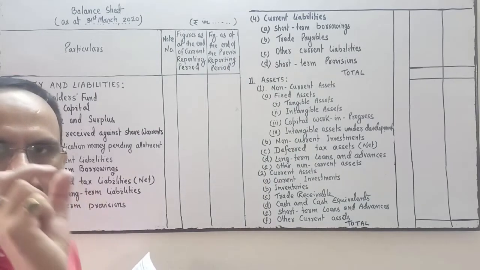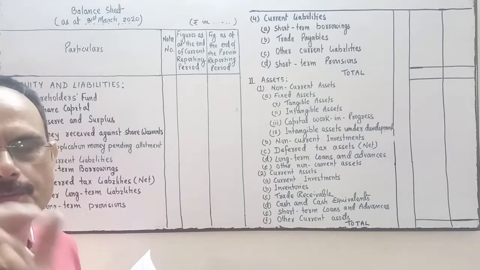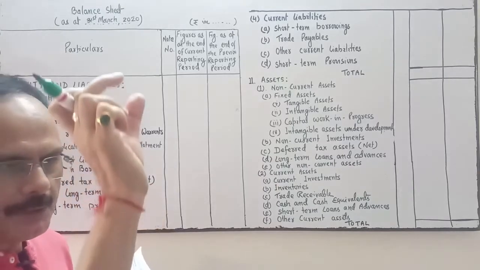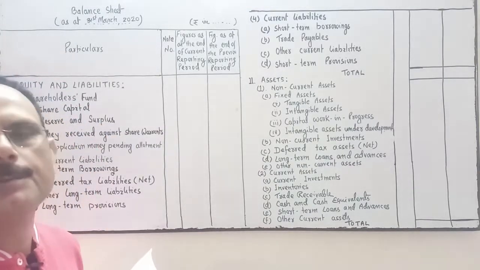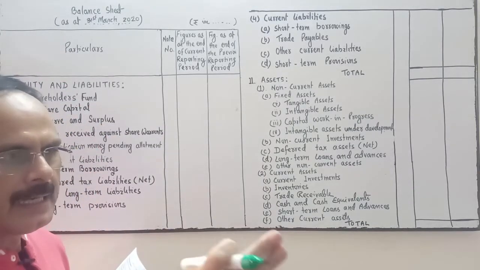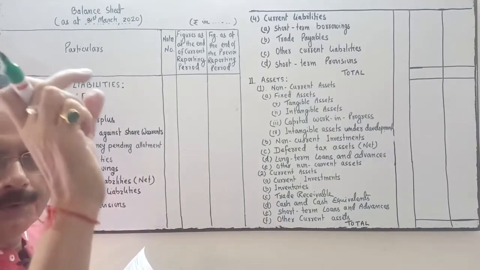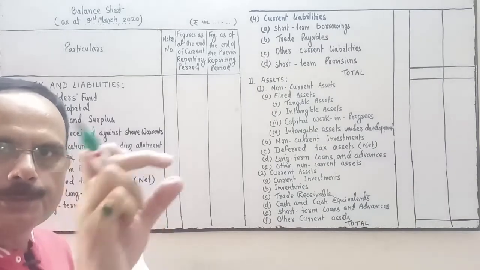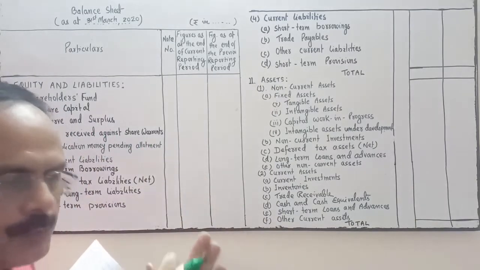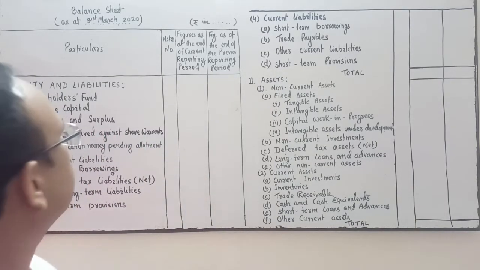The company prepares columns for the amount for two periods, one for the current reporting period and a second for the previous reporting period, so that we can do the comparisons easily.